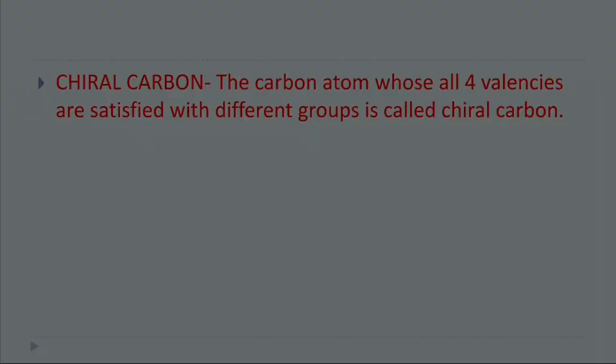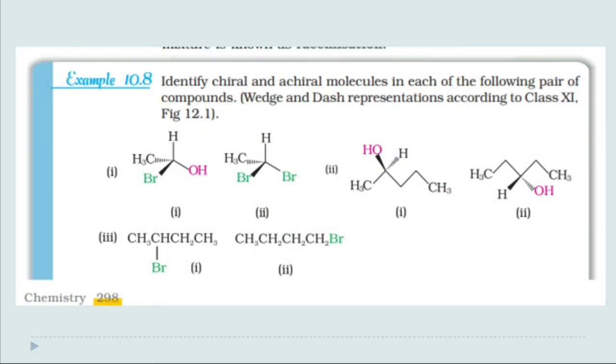Okay, now see, here is a question. You have to tell which one is optically active and which one is not. So just remember that if there is just 1 chiral carbon present in a compound, then that will always be optically active. You do not need to apply any plane or any element of symmetry.